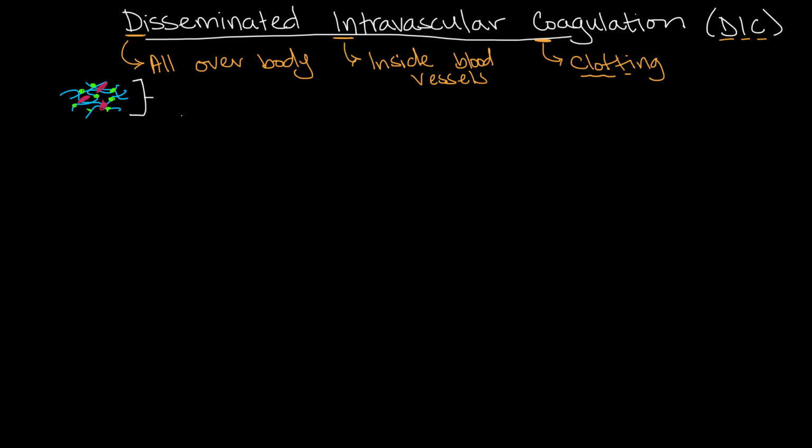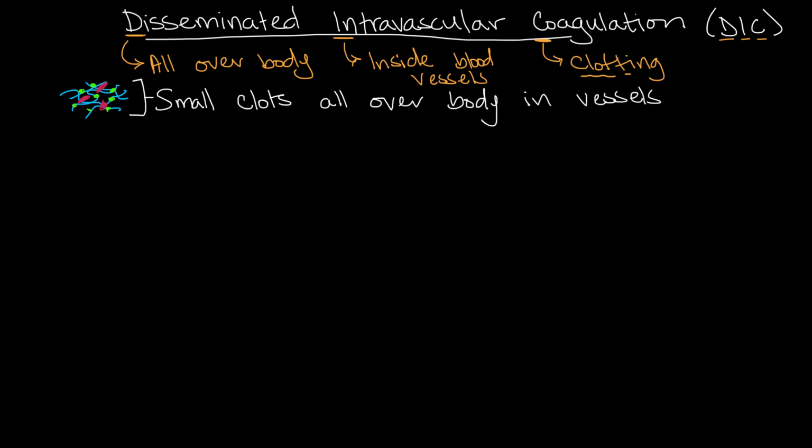And so in DIC, you get very, very small clots all over the body in the blood vessels. And so this by itself causes lots of problems. It can lead to damage to other organs, like your lungs or your kidneys.